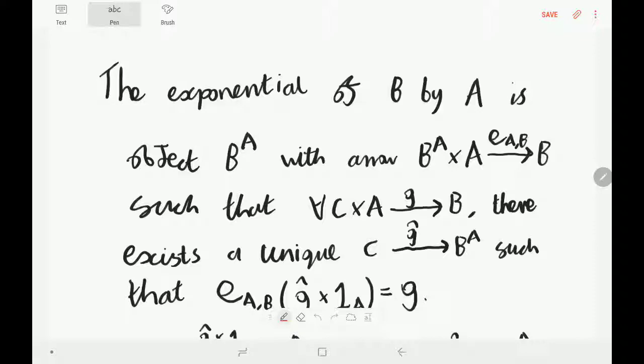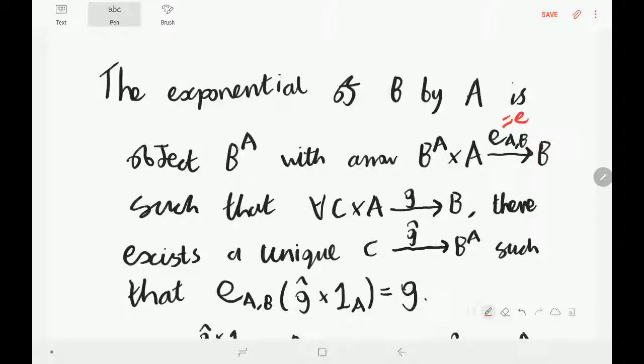Let's get down to concrete mathematics. So what is an exponential object? Well, the exponential of B by A is an object which we write as B to the power of A, with an arrow. The arrow is, the long name is e_{A,B}, but often I'll just write it as e.